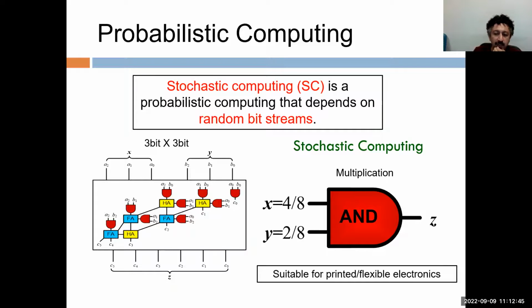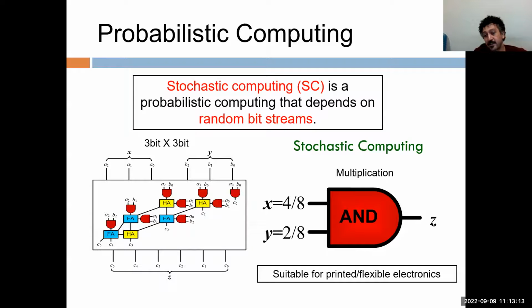Okay, then how about the application? What's the application that stochastic computing can really work for? There should be an application that is feasible only with a few transistors or gates, meaning that for a certain technology it is not feasible to use hundreds of transistors.